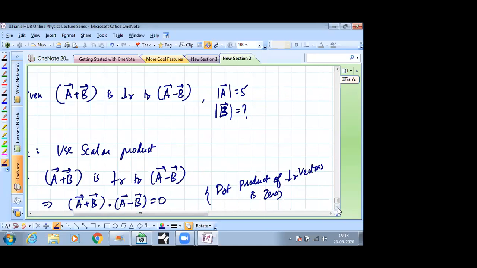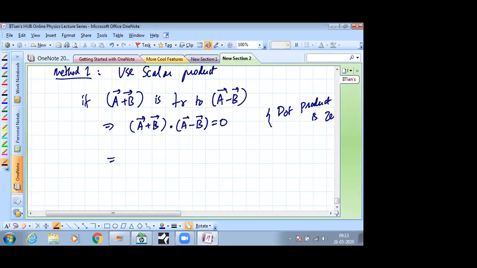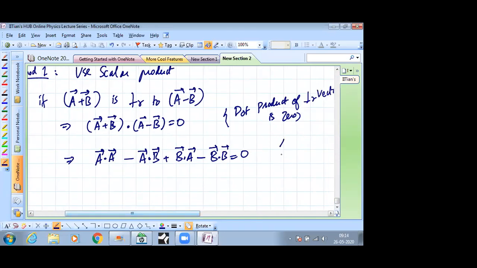Making use of that property. Now next thing, use the distributive property. So A dot A minus A dot B plus B dot A minus B dot B is equal to 0. So in this step, I made use of distributive property of dot product, which you are seeing.